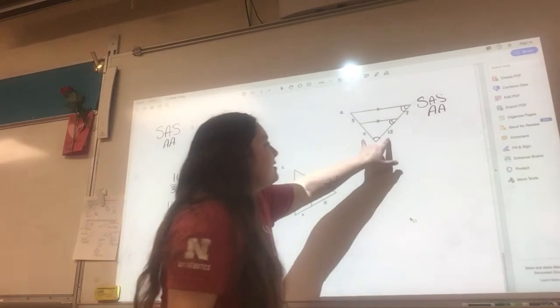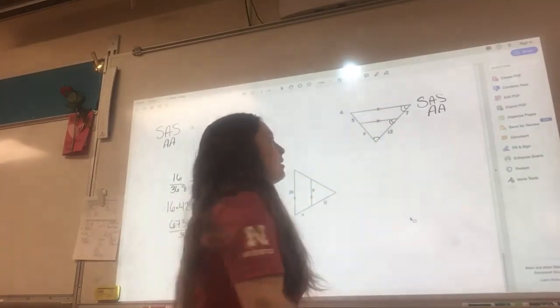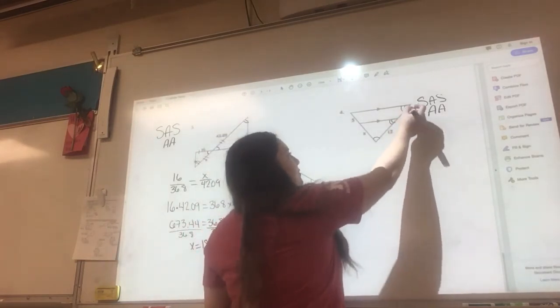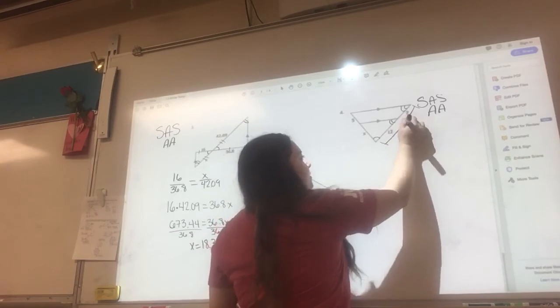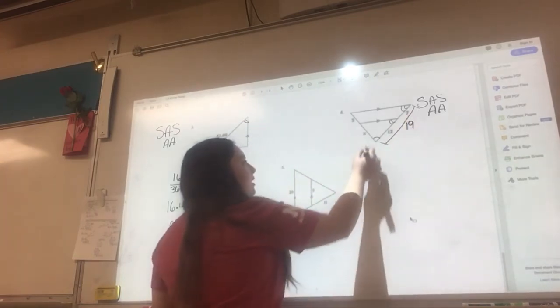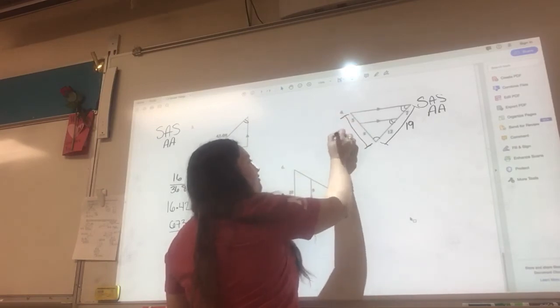But now we have to determine x. Well, we have x and 12 for our small one, but our large one has not been found quite yet. So what we have to do for our large side is add the 2 things given to us. So 12 plus 7, which is 19. And the other one, which is 5 plus x.